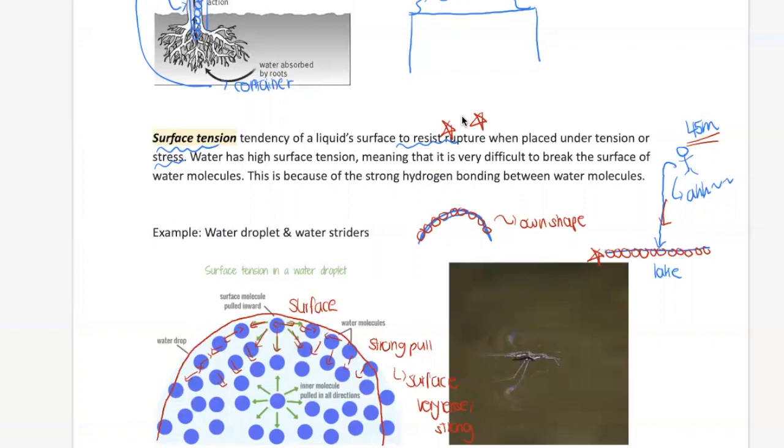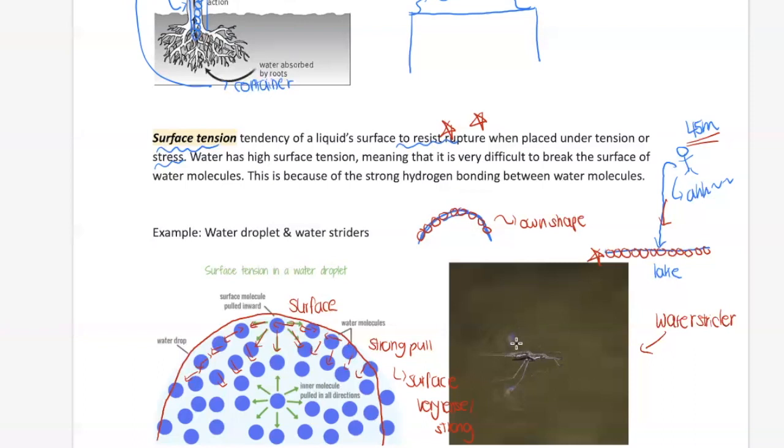So this is partly due to the strong cohesion, due to strong hydrogen bonding between water molecules. One real life example would be the water strider. You'll see that humans really cannot walk on water, but water striders can.